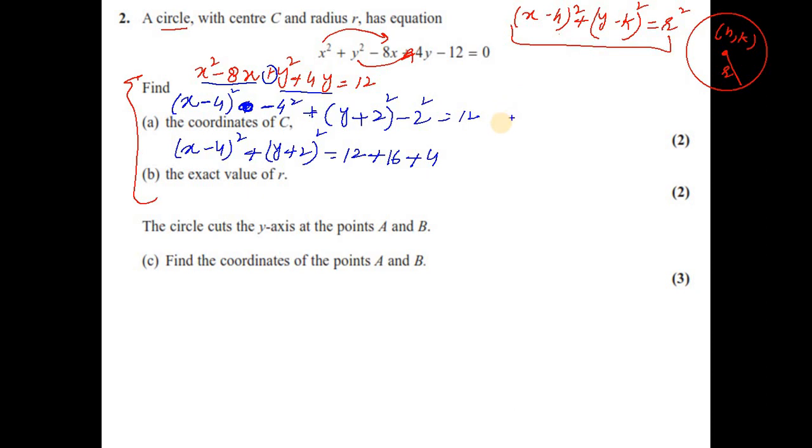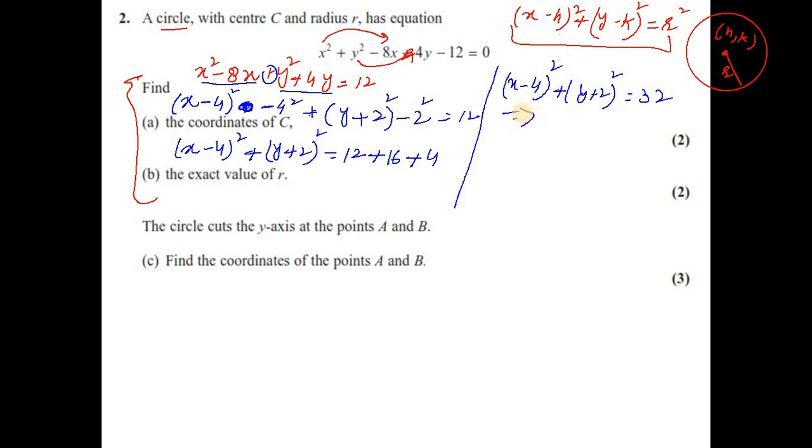So x minus 4 whole square plus y plus 2 whole square is equal to 12 plus 16 plus 4, which is 32.